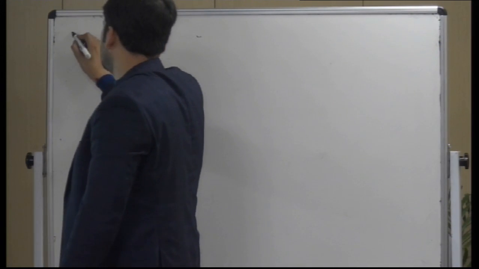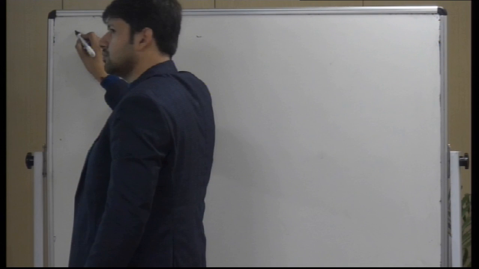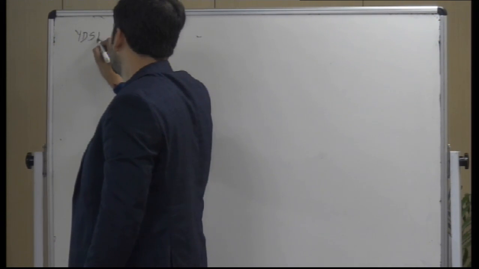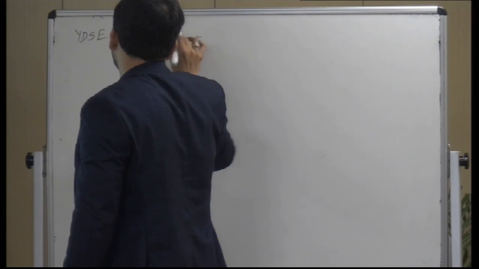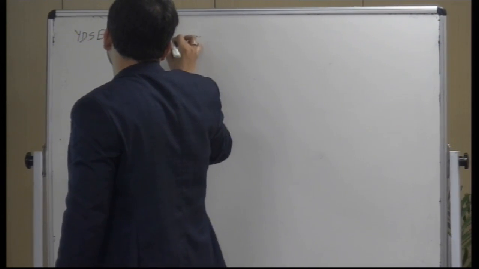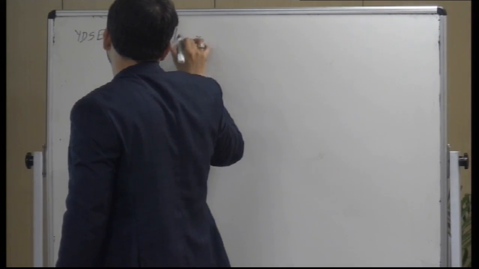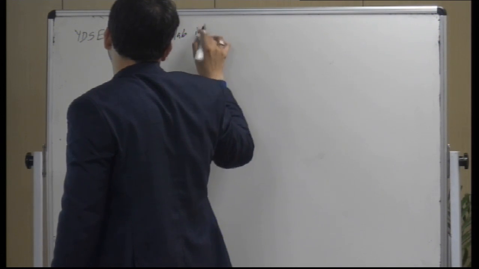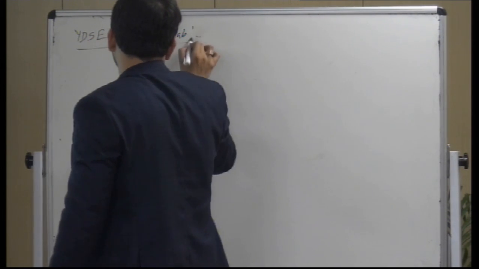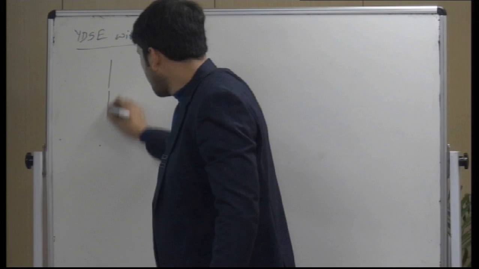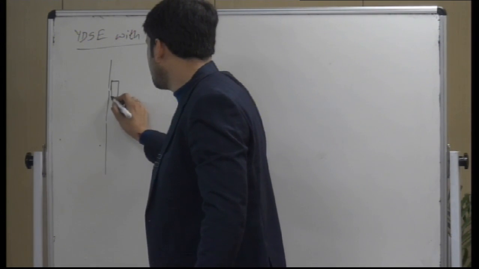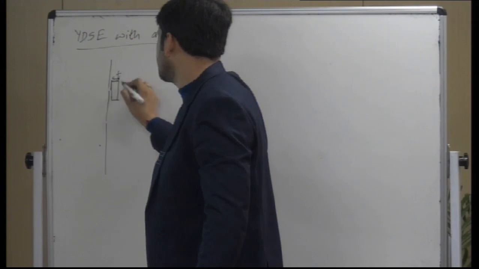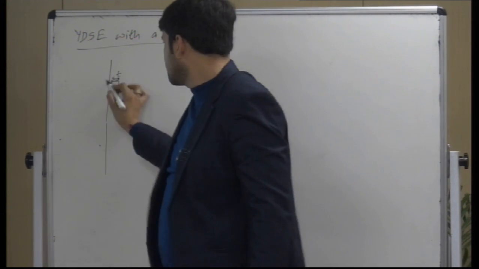Now, YDSE with a thin slab. Let's understand the slab. What is happening actually? You have introduced a slab of thickness T in front of one of the sources, right?